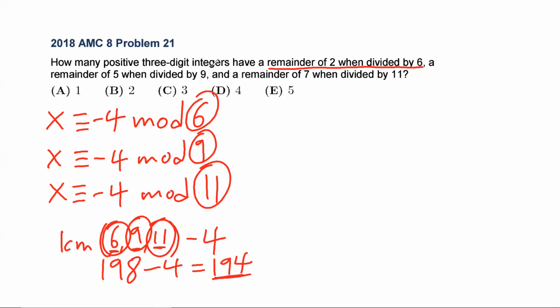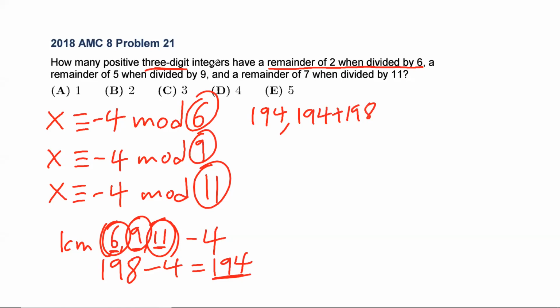So we found one number, and remember, it has to be 3 digits. So 194 is our smallest number. And in order to get our next smallest number, what would we do? Well, we could just add another 198, right? So our next smallest number would be 194 plus 198.